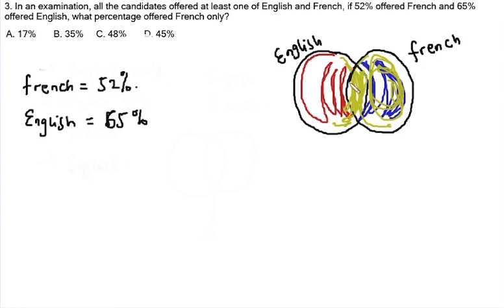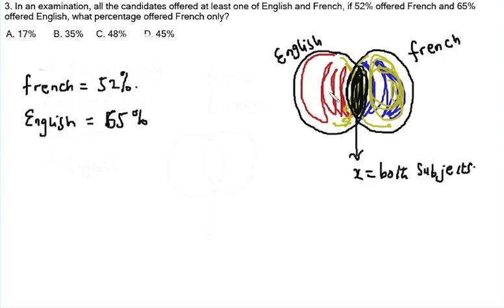One of the things we didn't take note of before was the people that offered both subjects. So the people that offered both subjects, let's call them X for both subjects. To get people that offer English only, it makes sense to say people that offer English minus people that offer both subjects. And then to get people that offer French only, it makes sense to say people that offer French minus people that offer both subjects.